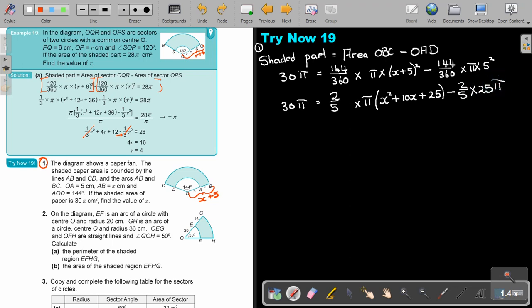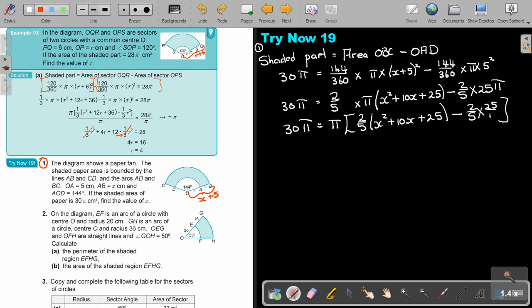Now I'm taking pi out, so 30 pi equals pi times bracket 2 over 5, and don't forget x squared plus 10x plus 25, minus 2 over 5 multiplied by 25 over 1.